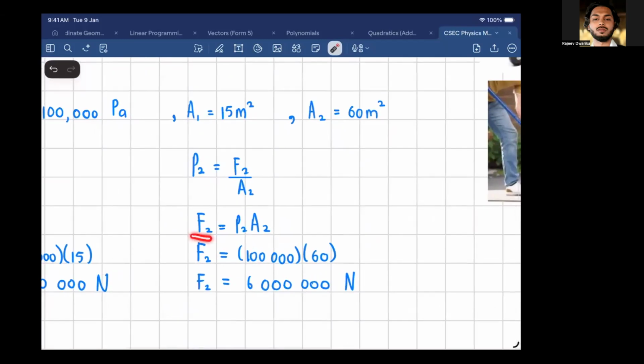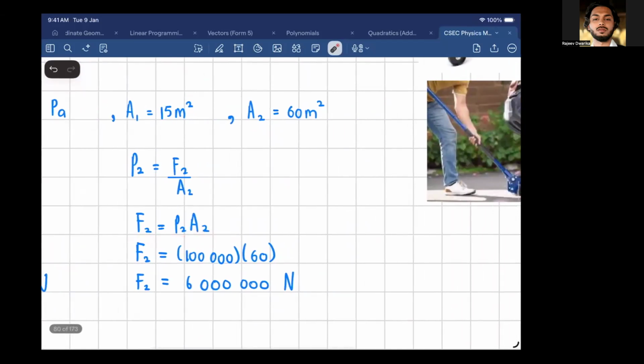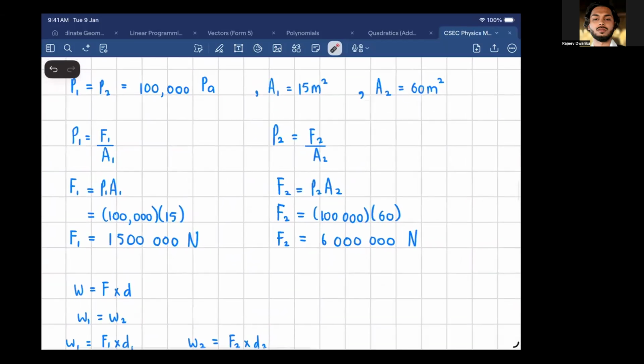F2 is equal to P2 times A2. The pressures are the same, so it's 100,000, and the area is more, so we say 60. What do you notice about the output force? Is it less than the input or more than the input? Less. Do you find so?